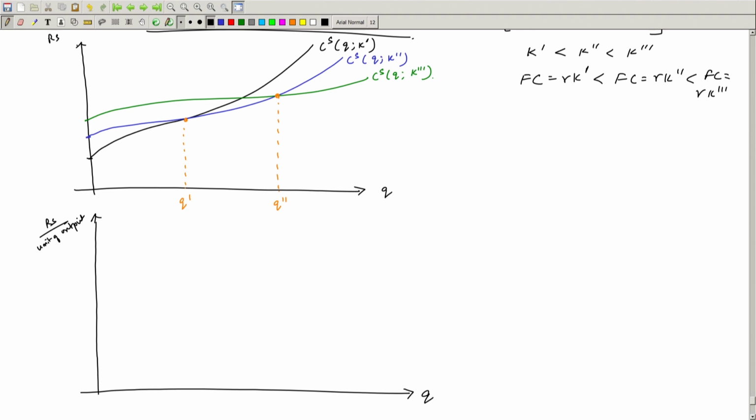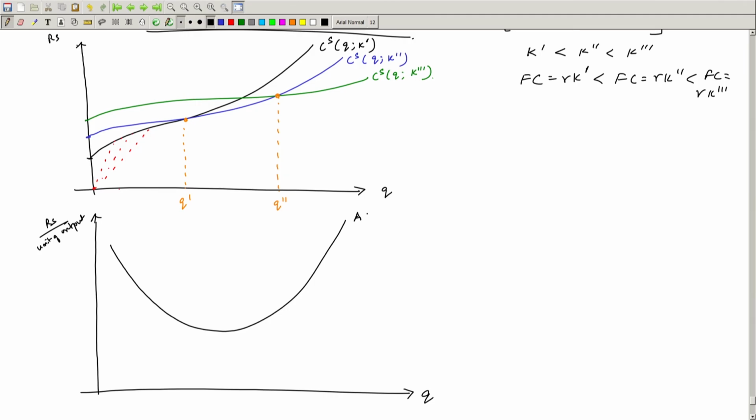And notice average cost is measured in rupees per unit of output. So, to get the average cost, what will I do? The average cost when the level of capital is k prime is going to be the total cost divided by the q. So, I will be connecting the origin to various points on the first cost curve, and notice that those angles are becoming flatter and flatter, and I am going to get an average cost curve which is going to be somewhat like this.